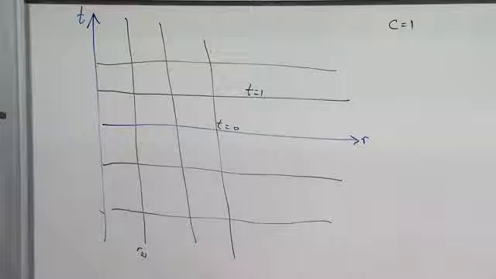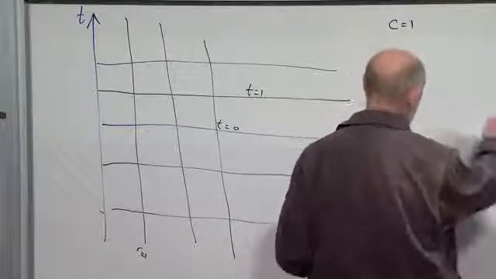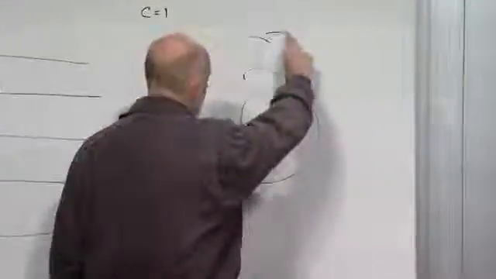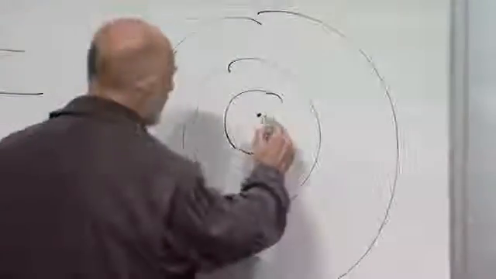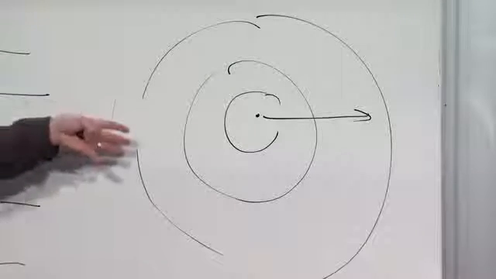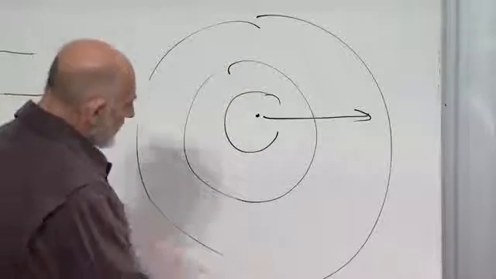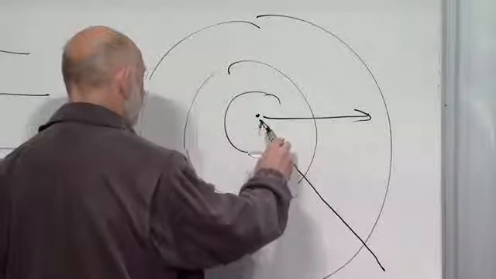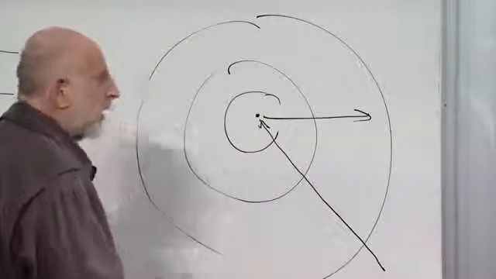If a light ray, let's draw another picture over here. Here's r equals 0. This is polar coordinates. This is the radius here. It's just at one instant of time, looking and including the angle now. If a light ray comes in radially toward the origin, it hits the origin, and then what does it do?